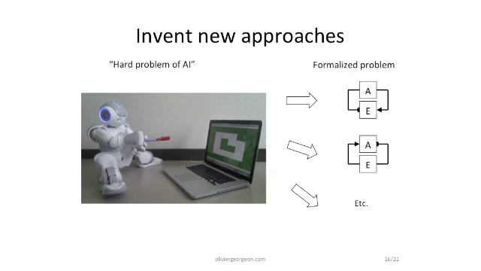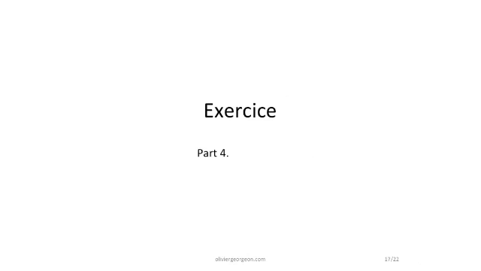The formalization that I introduced here is to think in terms of interaction and experience and results, but that's probably not the ultimate model. Probably other models still remain to be invented. And that's good news for you who are students, because this problem will not be solved before you graduate. So there are still many things to invent.